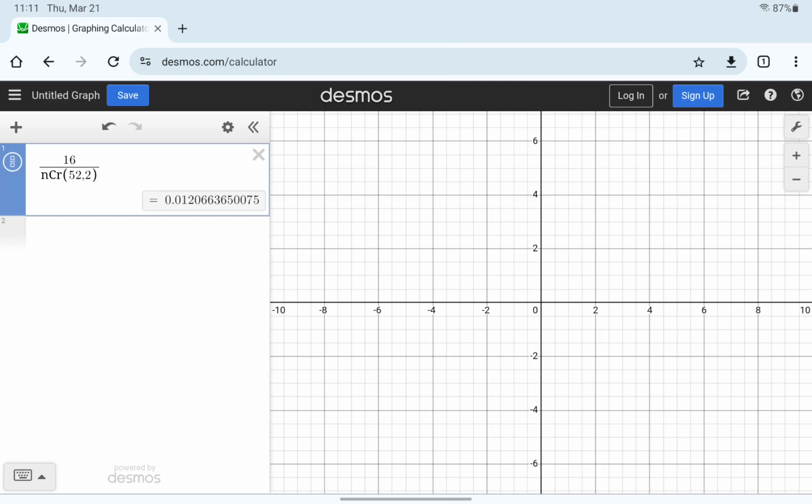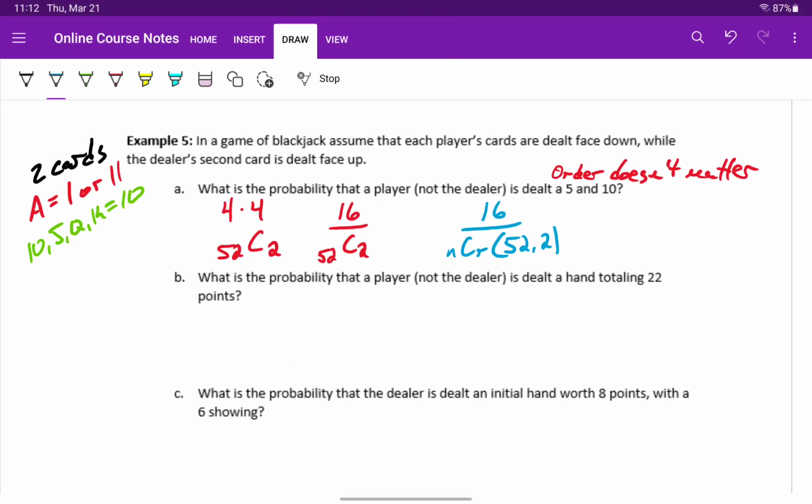Again, we're taking the total number of ways we can get our desired result divided by the total number of possible outcomes from dealing out those 52 cards and the player getting those 2. Gives us a result of 0.0121. So that probability of 0.0121 means there's a little bit more than a 1% chance of a single player getting both a 5 and a 10.